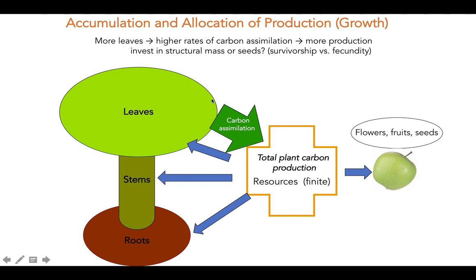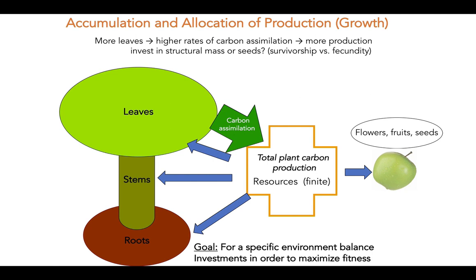So here we can start to make sense of variation in Lx and Mx in terms of allocation of resources. The goal for natural selection is, within a specific environment, to balance various investments in these differing allocations to these different organs in order to maximize fitness.